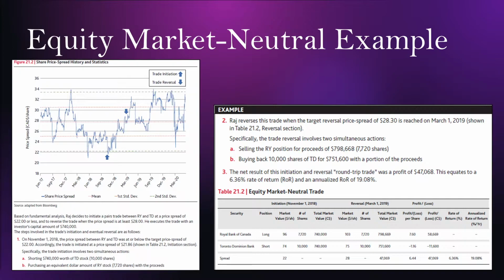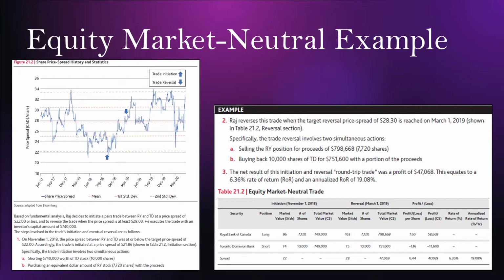And you'll also want to buy RBC because that will be a stock that is considered to be a better value compared to TD since the spread is lower and you're expecting it to increase. So if you go through this example, you can see that you will make money if you purchase it when the spread is low and reverse the trade when the spread does increase.